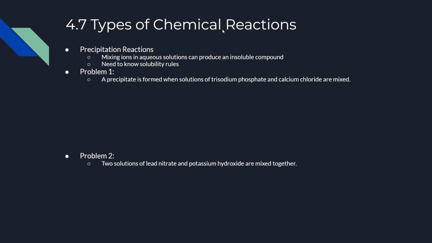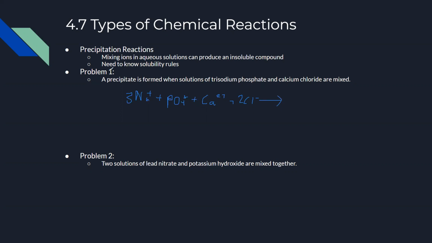A precipitate is formed when solutions of trisodium phosphate and calcium chloride are mixed. It's asking us to do the ionic equation. So you have 3 Na plus, PO4 3 minus, plus Ca2 plus, 2 Cl minus.